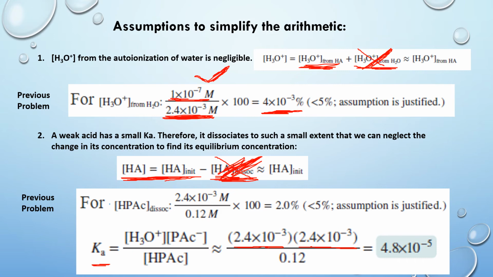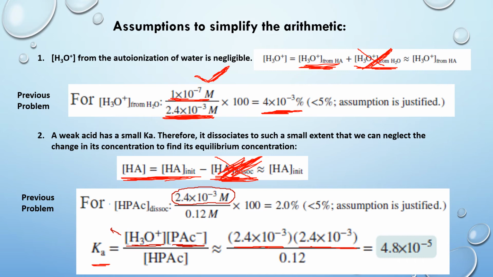So we can calculate the Ka value, which is 4.8 times 10 to the negative 5. Then we have to justify this second assumption. Based on our calculation, the amount of conjugate base produced, or the amount of proton produced, should be equal to the amount of acid consumed, or that has undergone dissociation.